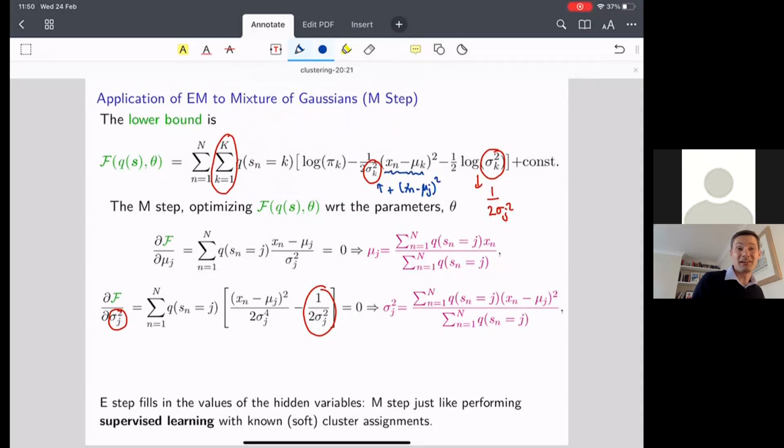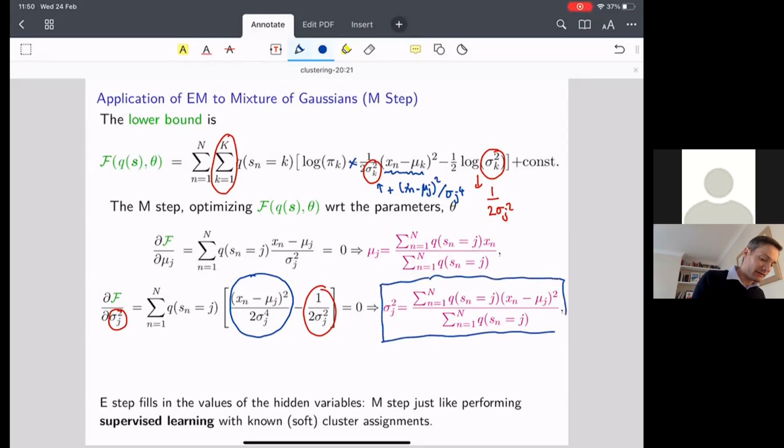And then when we take the derivative of 1/sigma j squared, we'll get 1/sigma j to the fourth. And as I said, the negative sign that comes from that ends up cancelling this one out the front. So that then gives rise to this term here. And now we can rearrange in exactly the same way as I've talked about before, and we'll end up with the following update for the variances.